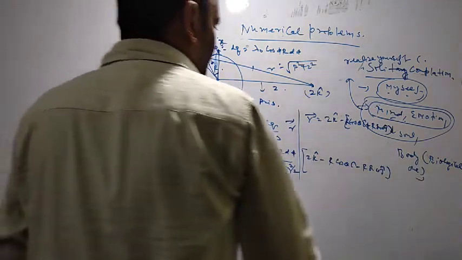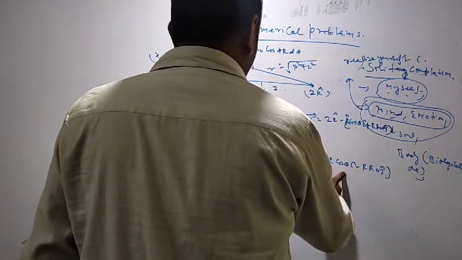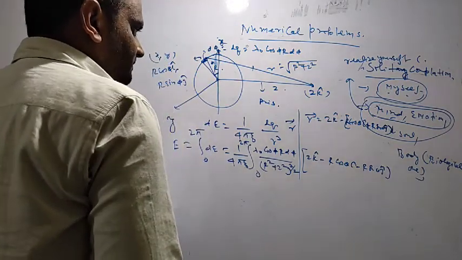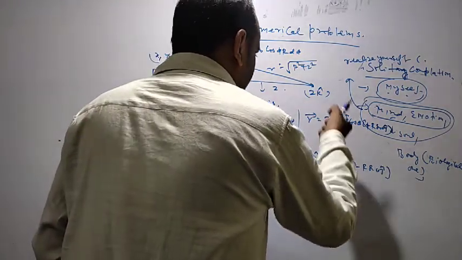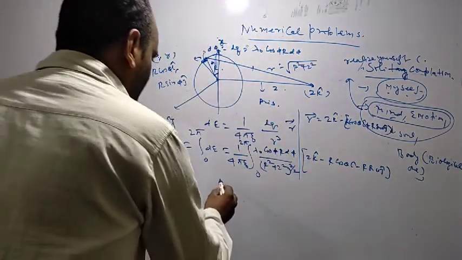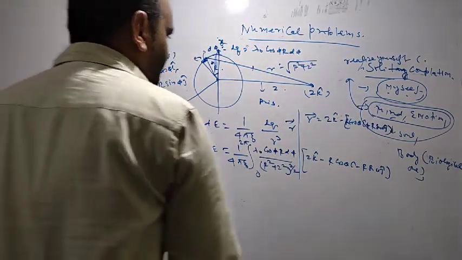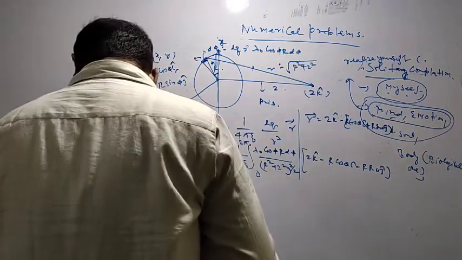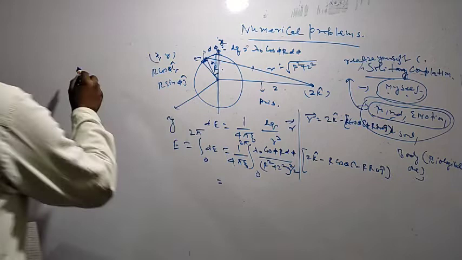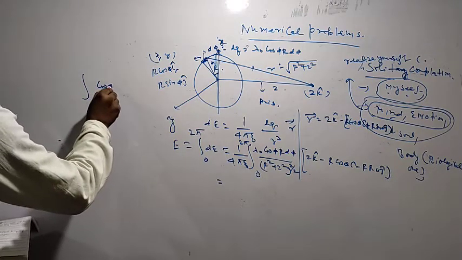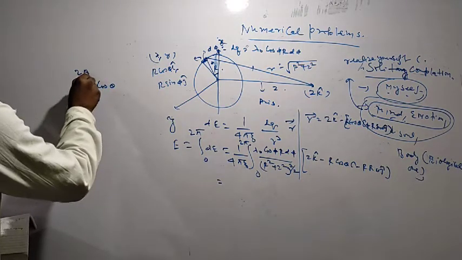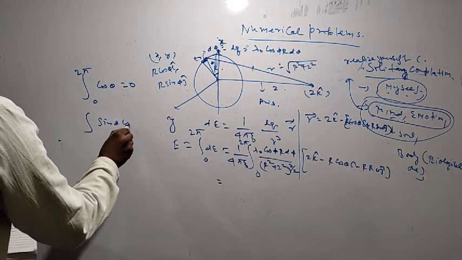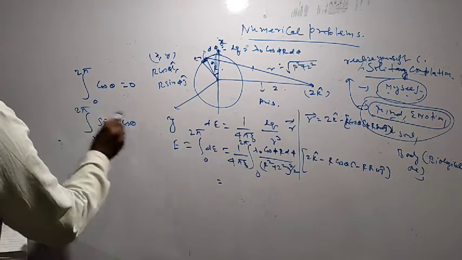So we will have only one expression, this one. Let me take some liberty to solve it with minimum steps, because I think you can understand this. As a hint, the integral of cos theta from 0 to 2 pi is going to be 0, and sin theta cos theta from 0 to 2 pi is going to be 0.